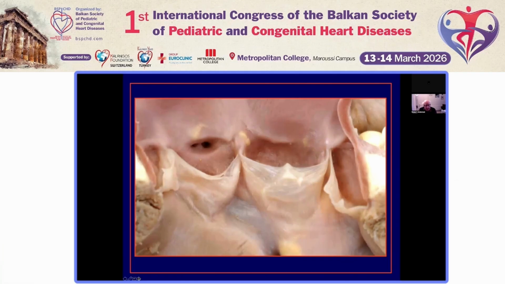Now, let me remind you again of the definition of a cusp, the point where two curves meet. So let's create some curves in the setting of this aortic root. And there is one curve. It's the ascending zone of attachment of the right coronary leaflet within the root.